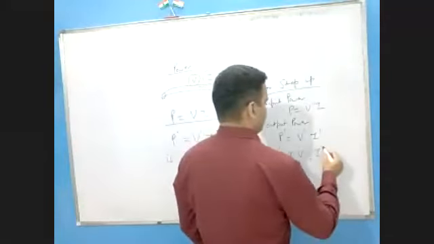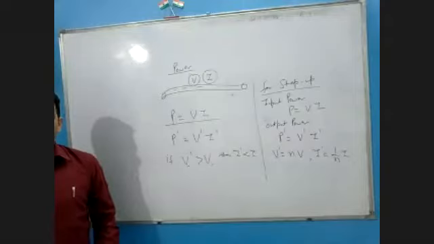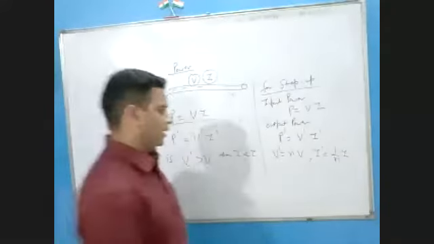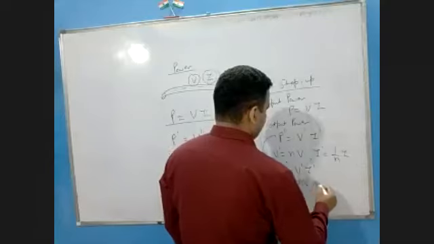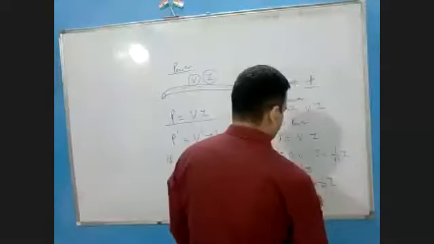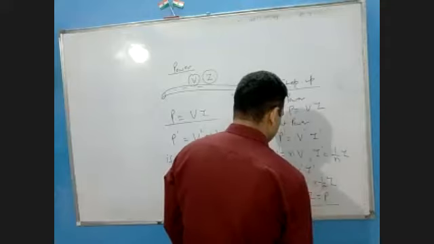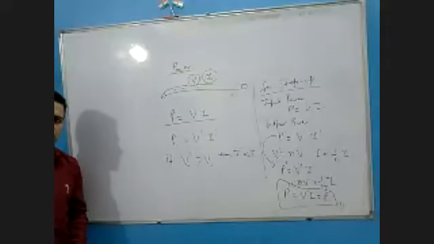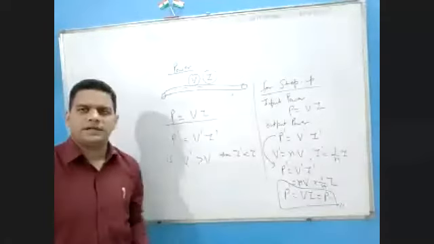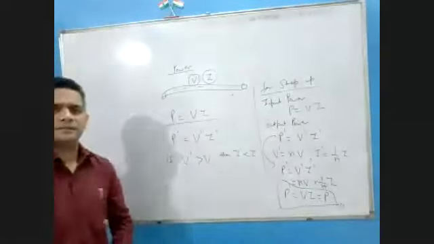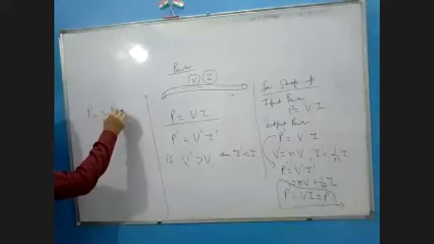Then I dash decreases in the same ratio, 1 upon n times. If voltage increases by n times, then current reduces by 1 upon n times. Then the entire power P dash equal to V dash I dash, V dash is n times V, I dash is 1 upon n times I, and they cancel. So P dash equal to VI equal to P. In this way, overall power remains constant. We can say if voltage increases, then current reduces.